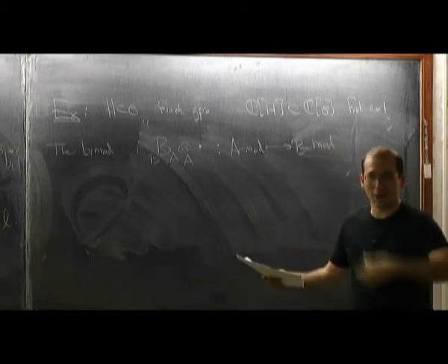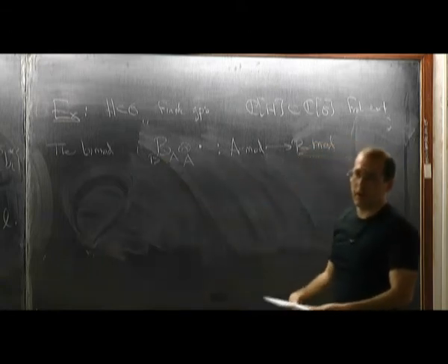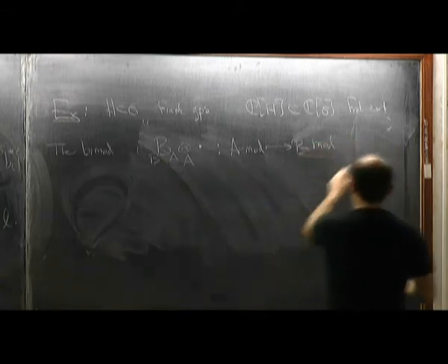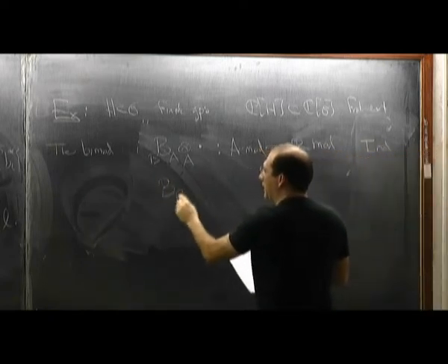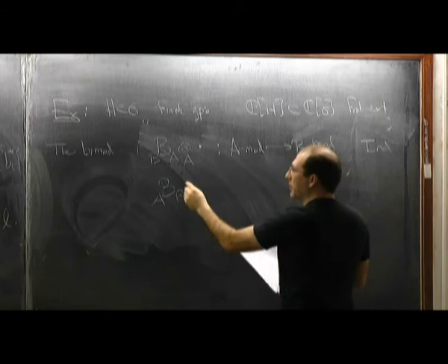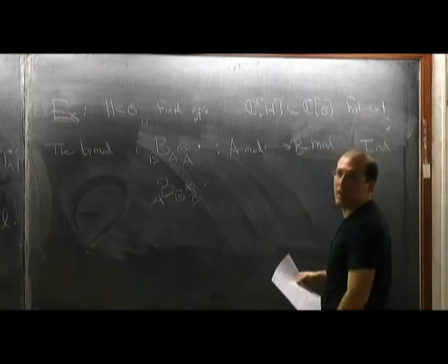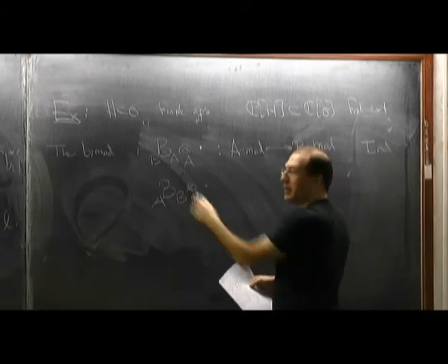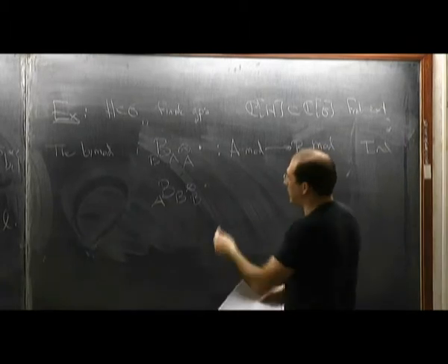Given an A module, if you induce it to a B module, that's another way of saying you tensor over A with this bimodule. So this is called induction. Meanwhile, if you view it as a right B module and a left A module, you can tensor over B and take a B module and get an A module. But tensoring a B module over B with B is doing nothing to it. You're just viewing it as a left A module. So this is restriction.